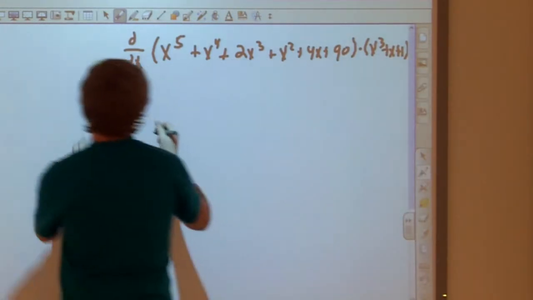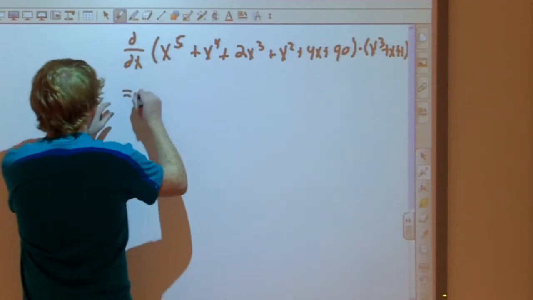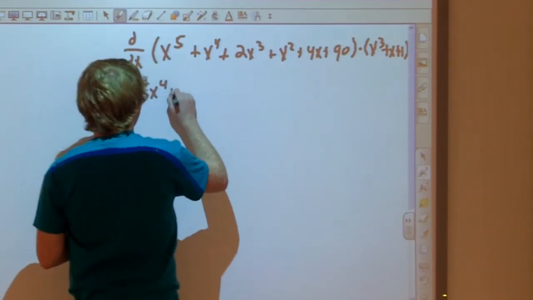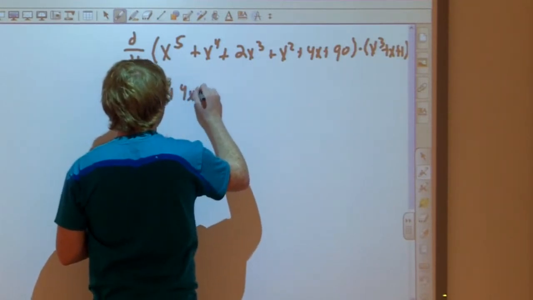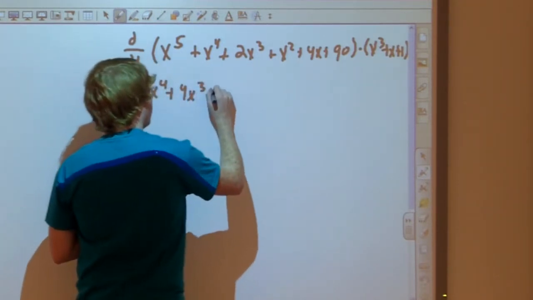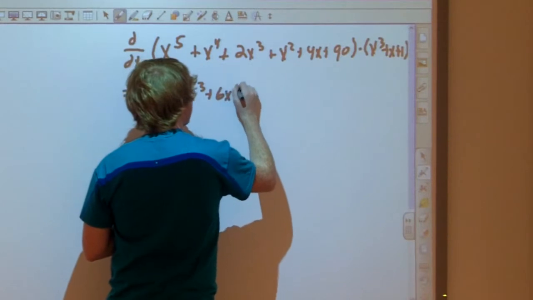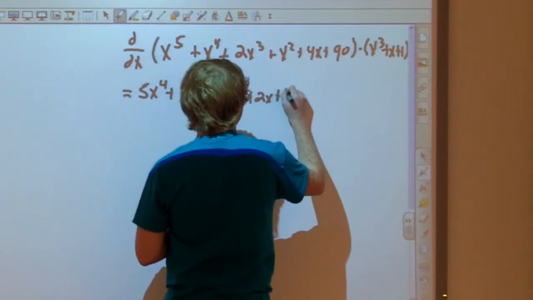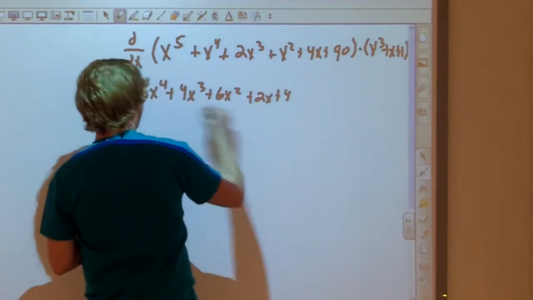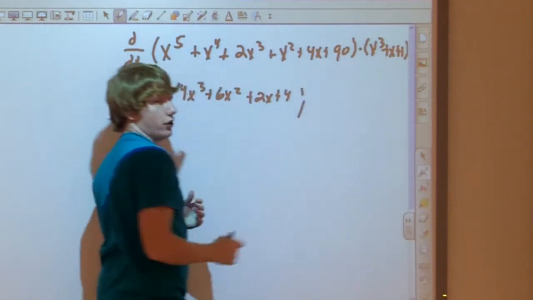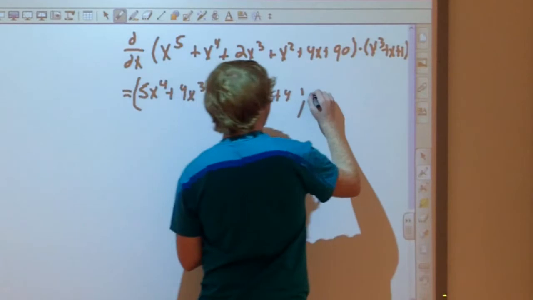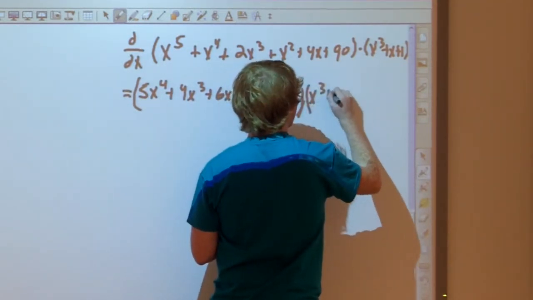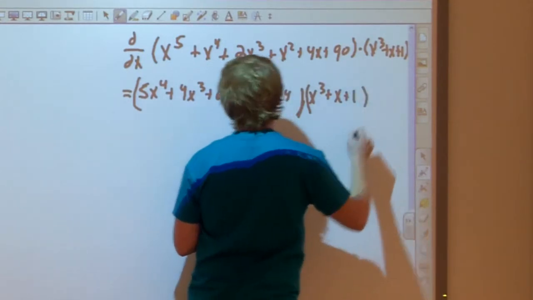This derivative is just going to be 5x to the fourth plus 4x cubed plus 6x squared plus 2x plus 4. And that's going to be times our function g of x, so that's just x cubed plus x plus 1.